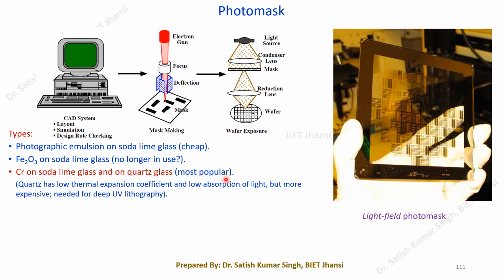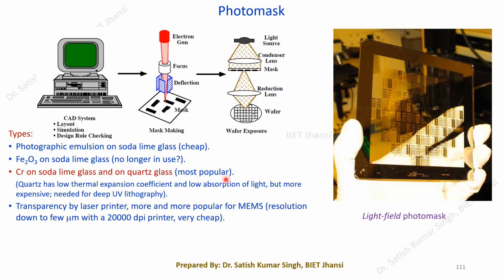Fine. Now when we are making the photo mask, here you can see the example of the light field photo mask. We can define the photo mask based on its polarity: either a light field photo mask or a dark field photo mask.